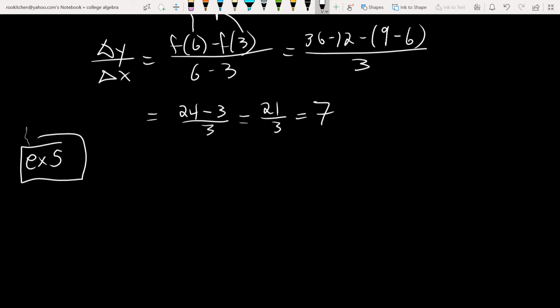And they give us another graph, which I'll try to draw out as best I can. We have time on the x-axis, and we're going by 2s all the way up to 12: 2, 4, 6, 8, 10, 12. On the y-axis, we have drug concentration in the blood, milligrams per 100 milliliters, so I'll just put drug concentration.